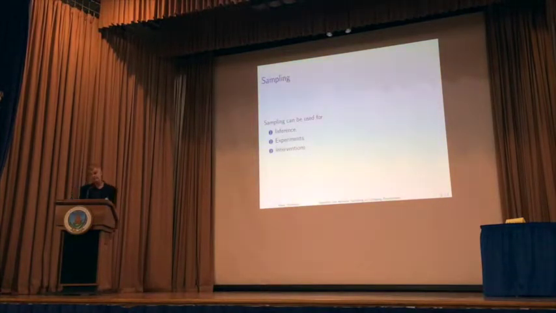So sampling can be used for a number of methods, and what most of us have worked most on is selecting a sample from a population in order to make observations on the sample in order to estimate characteristics of the population. But in addition, sampling has a role underlying experimental designs.